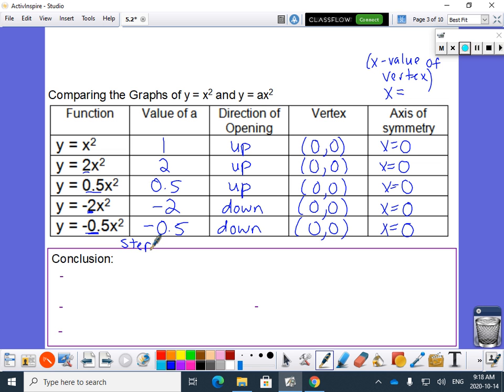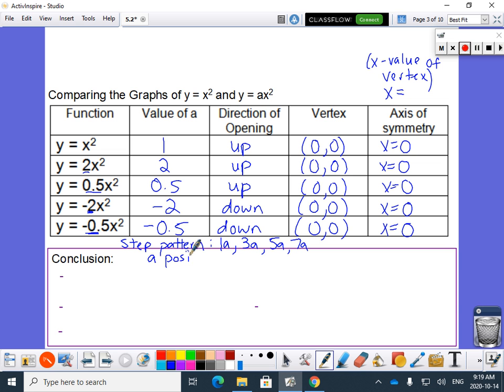Step pattern. What's my step pattern for y equals x squared again? My basic step pattern. 1, 3, 5, 7. I feel like we're quiet today. So, if we have 2 here and 0.5 here, we need to remember that in order to get our step pattern, it's 1 times a, 3 times a, 5 times a, 7 times a. Okay, and then just reminders.